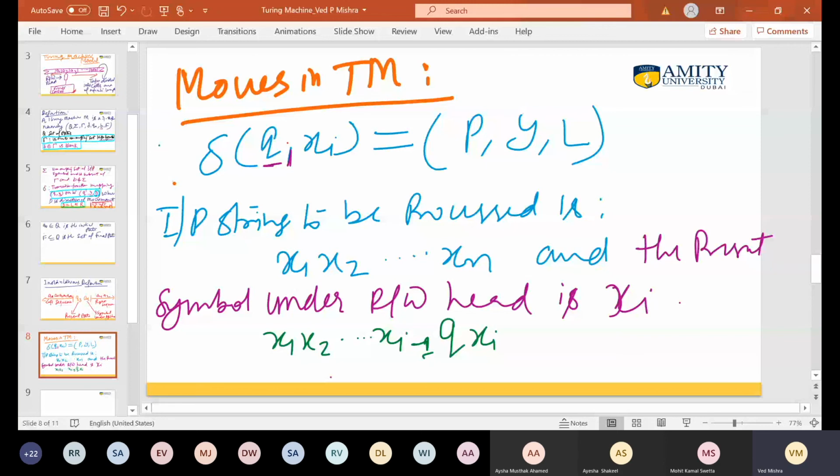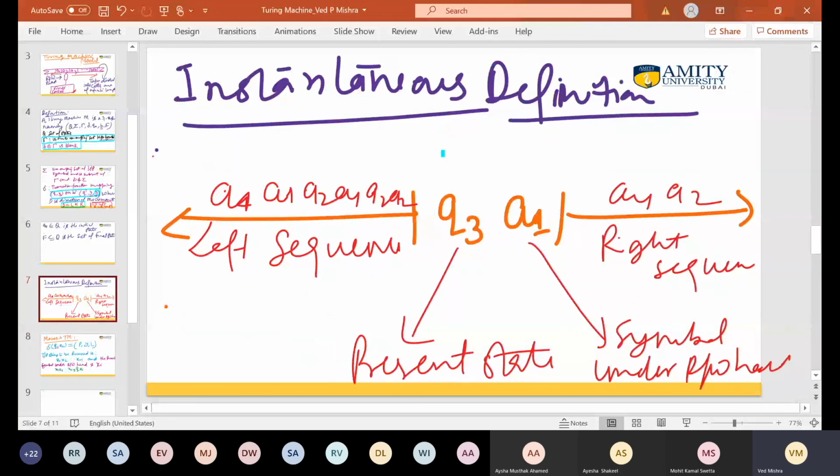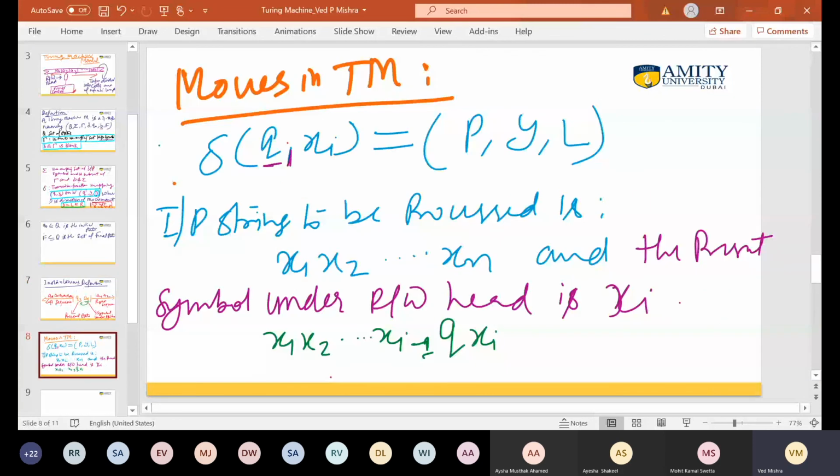If you write like this, then only you will get this left sequence and right sequence, because whatever was the input, before that your state was there. So after xi minus 1, xi comes, and then after xi it goes till xn.